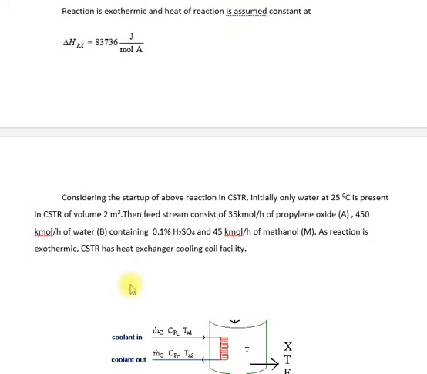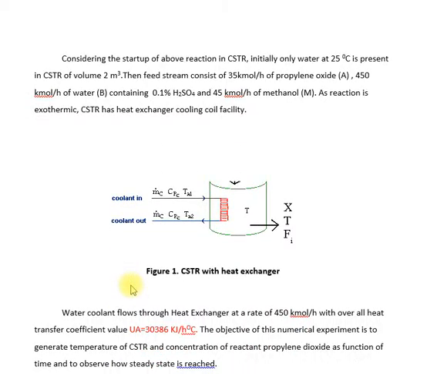How do we start? We start with the CSTR completely filled with water at a temperature of 25. Then you start feeding the reactant, propylene oxide, at a particular feed flow rate and a particular temperature T0.